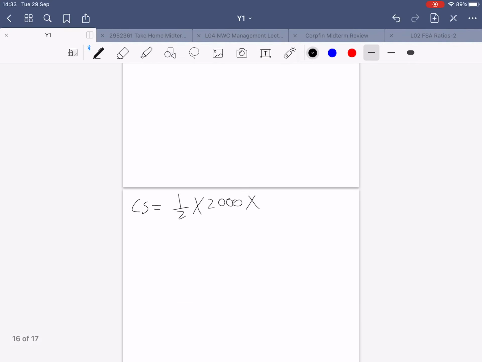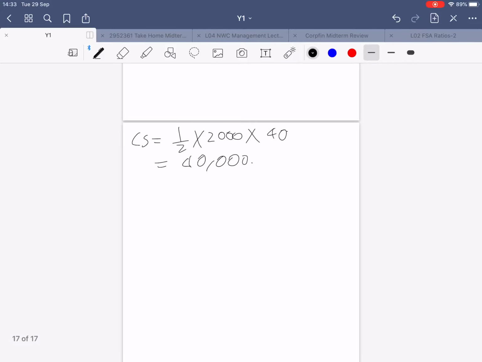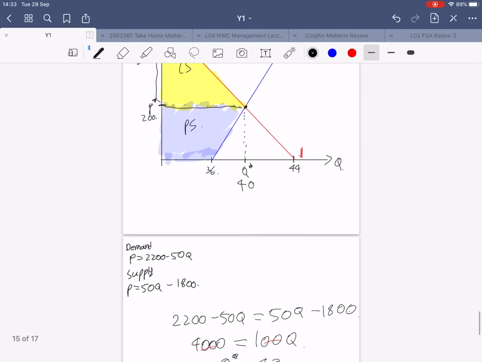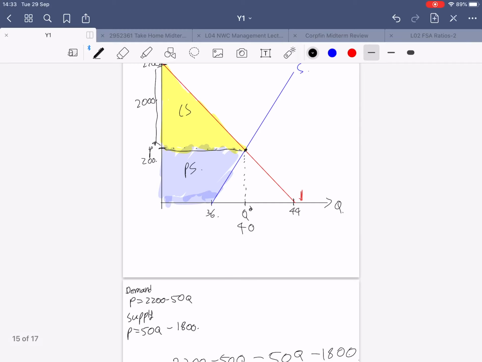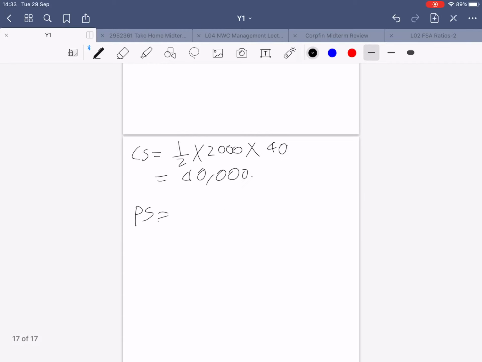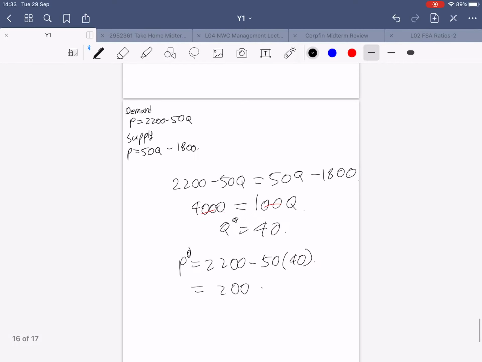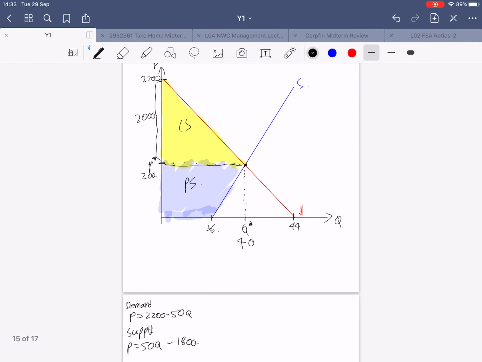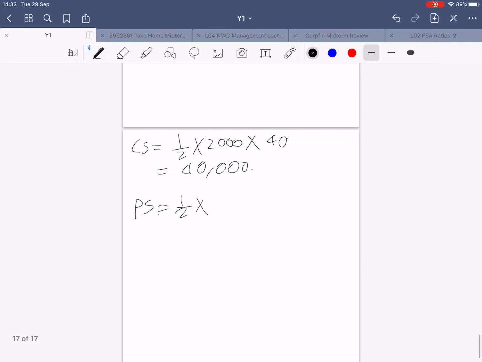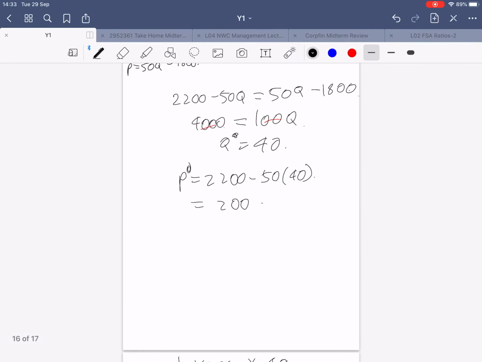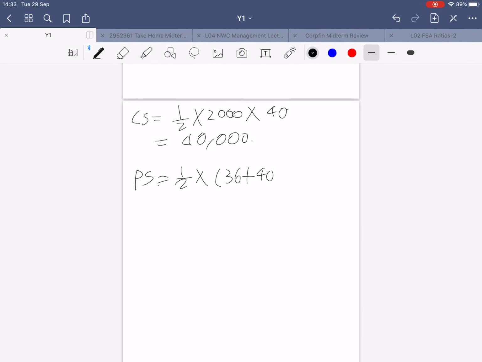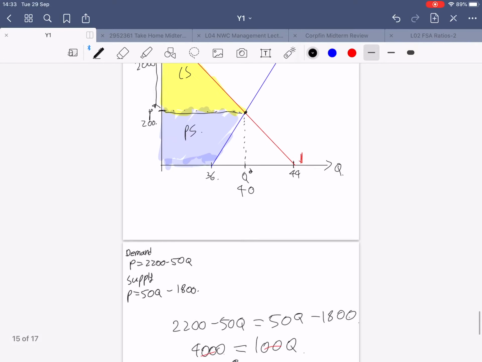Okay. So CS is going to be 40,000. And then for PS, we're going to use the area of the trapezoid. The formula is 1/2 times the sum of the two bases, 36 plus 40 here, and times the height, 200.